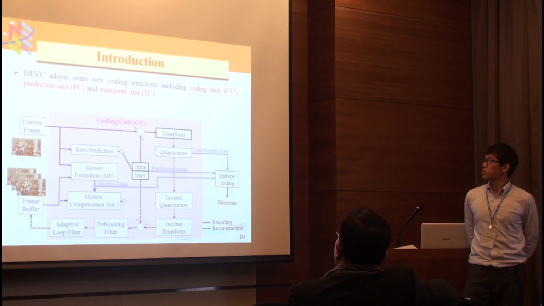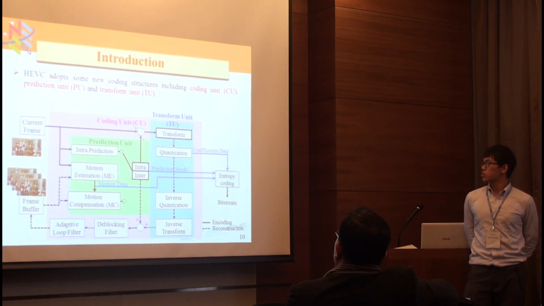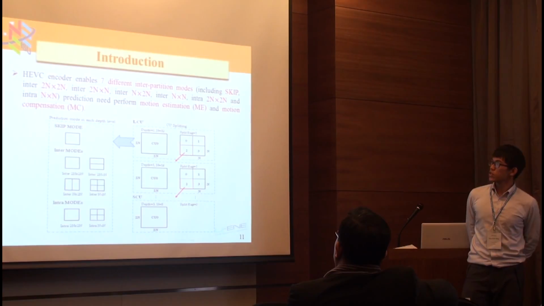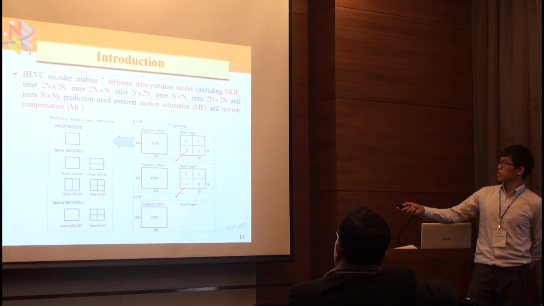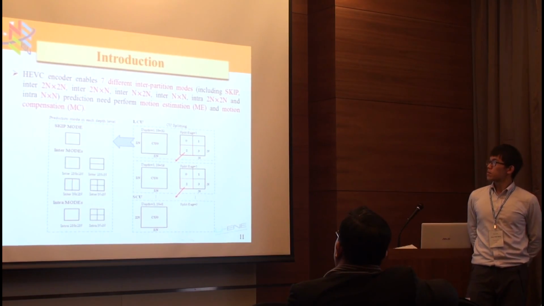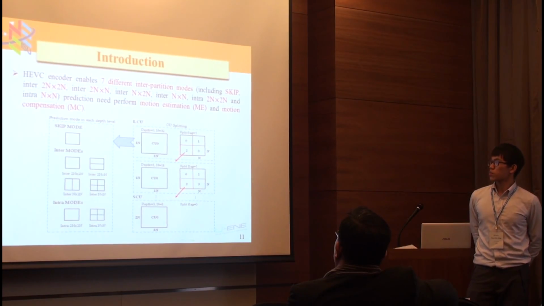HEVC adopts some new coding structures, including the coding unit CU, prediction unit PU, and transform unit TU. The HEVC encoder enables 7 different inter prediction modes, including partitions, to perform motion estimation (ME) and motion compensation (MC).